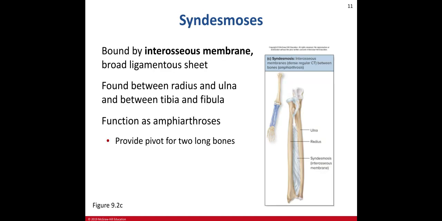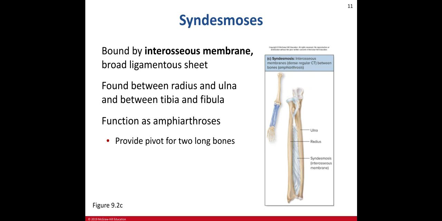We can have syndesmoses, where we have a membrane holding together two bones that are closely related. Something like the ulna and radius, or the tibia and fibula, are going to have this interosseous membrane, these ligaments holding them together.